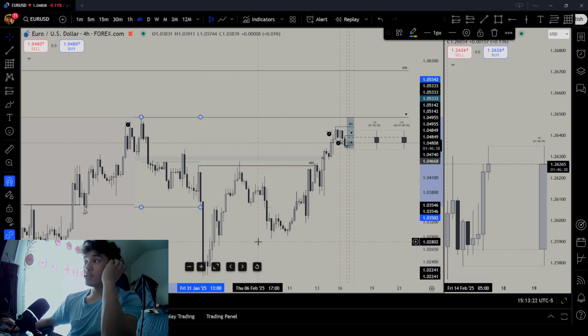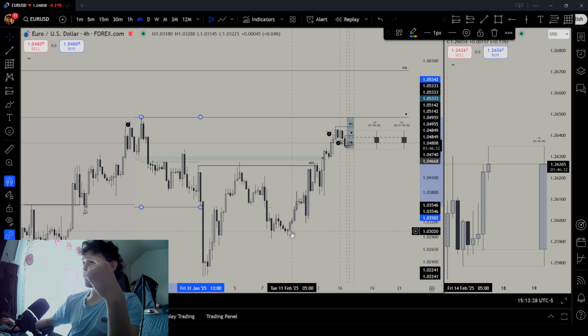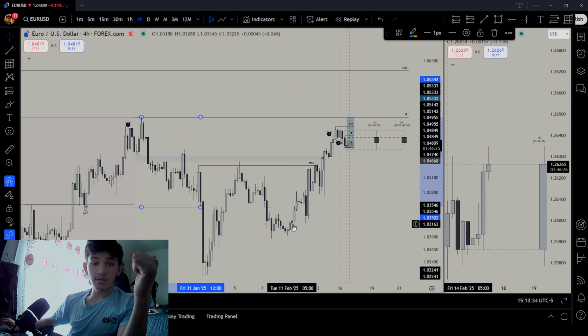Keep this in mind. The only equilibrium you should care about is the CRT and the ranges. I forgot to mention the range, but ranges as well have their own equilibrium. The CRT range equilibrium you should care about, and the daily range equilibrium you should care about.